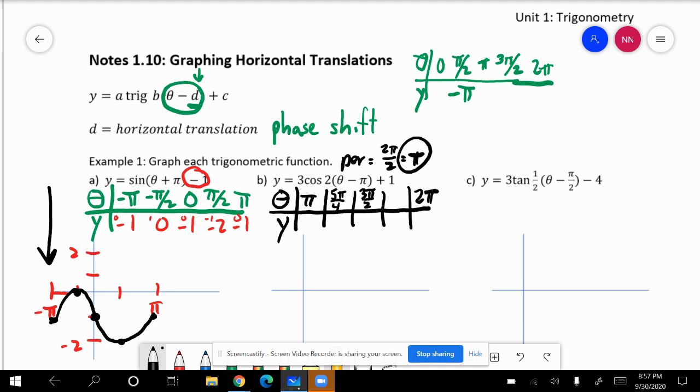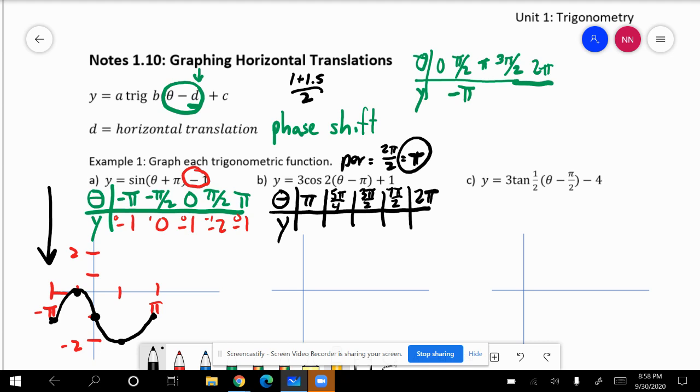And then 3 pi over 2 and 2 pi would be 7 pi over 4. Now, what I'm doing is I'm finding the middle of each one. So just as an example, pi plus 3 pi over 2, really what I'm doing is I'm adding 1 plus 1.5, and I'm dividing it by 2. And when I divide it by 2, I'm just writing it as an improper fraction.